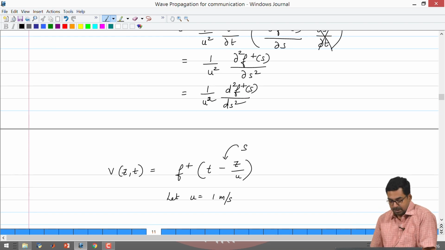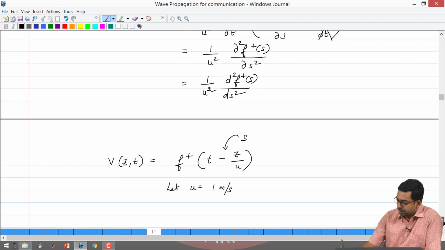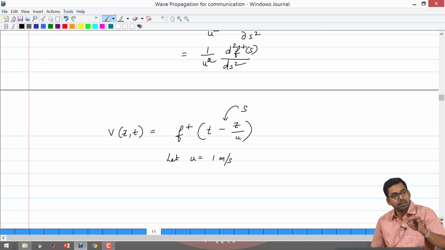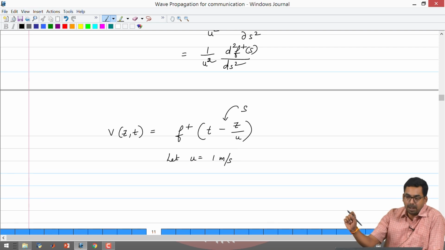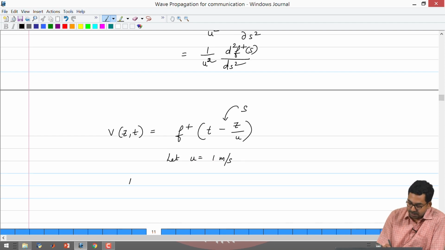And let us say that the moment you have switched on the battery and connected it to the transmission line, you are marking some spatial coordinate on your transmission line, and the position is going to be z. Okay.